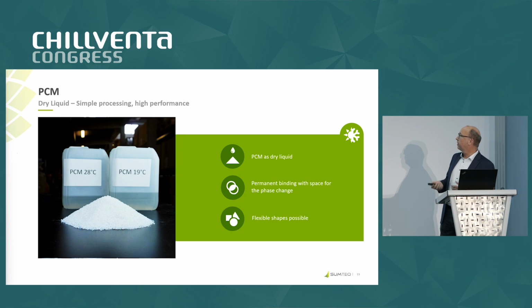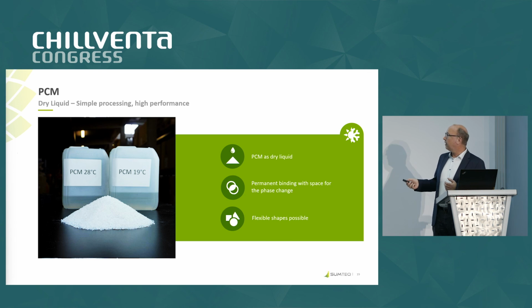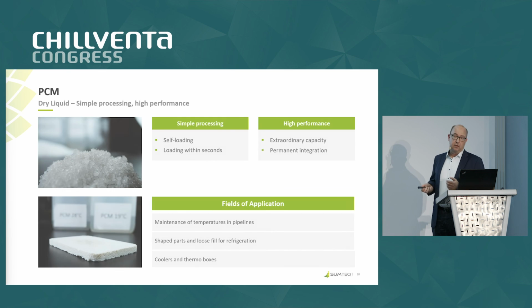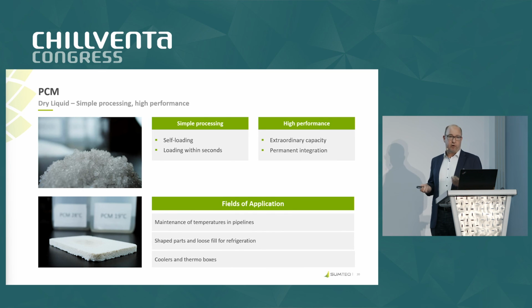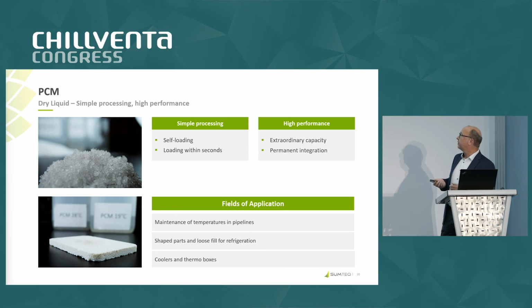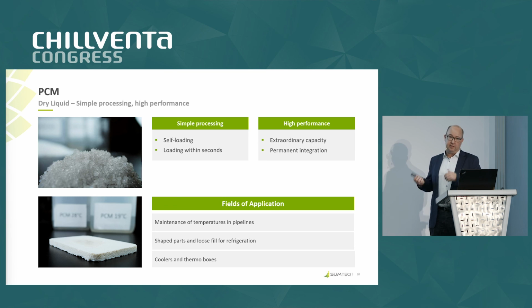Here again, self-loading, loading within seconds. It depends a little bit on the liquidity how fast it goes. On the left side, on top, you can see our flakes loaded with the PCM. It's pourable, it doesn't give agglomerates, and it has a very high performance, extraordinary capacity. We usually load 3 to 4 times its own weight into the capsule, but up to 6 times is also possible.